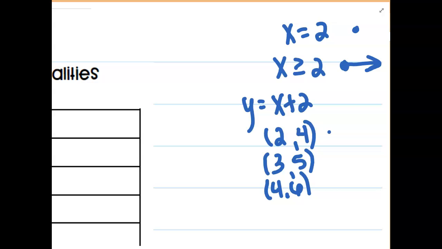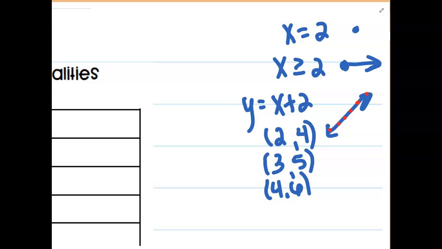Here we graphed this as a line, and said every single ordered pair on that line is a solution. I can't write them all out, but I can graph them and show that every single point on that line is a solution.